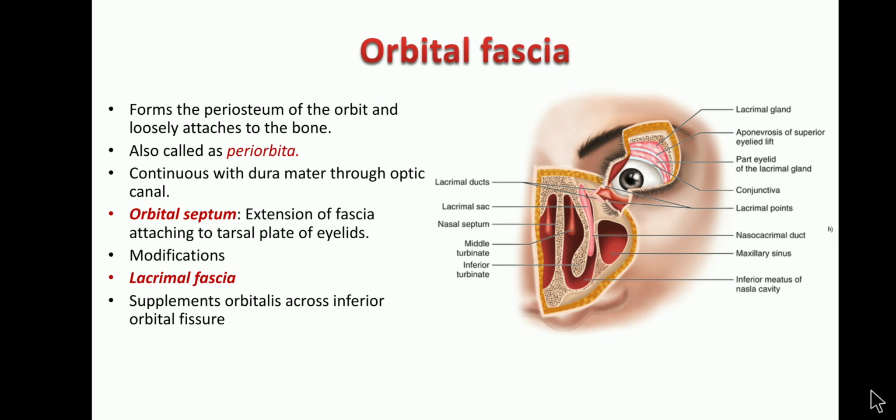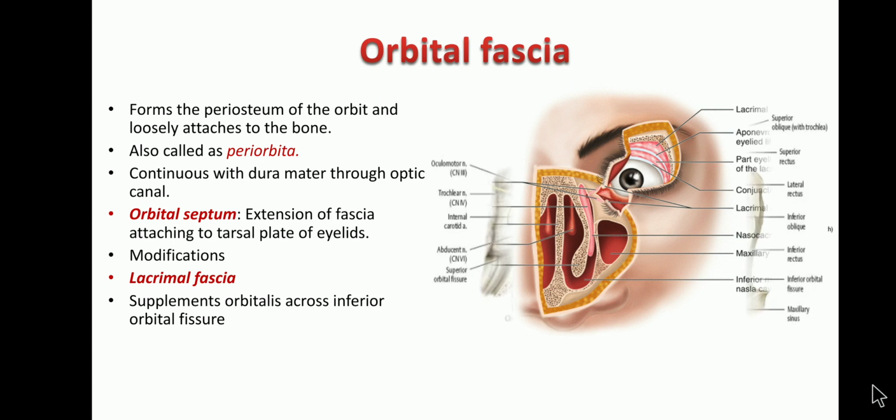The next modification is that the inferior orbital fissure is bridged by a muscle, which is a modification of the orbital fascia, the orbitalis muscle. It bridges across the inferior orbital fissure.